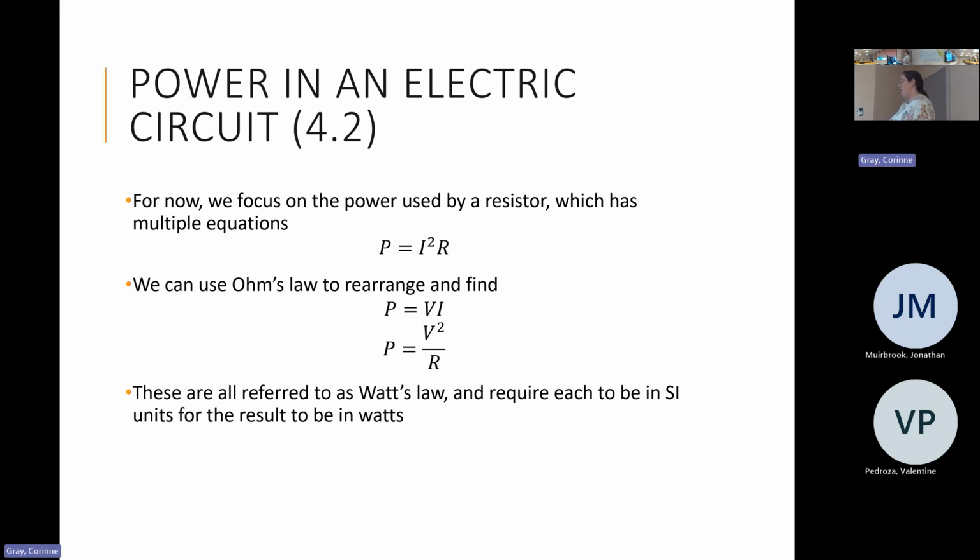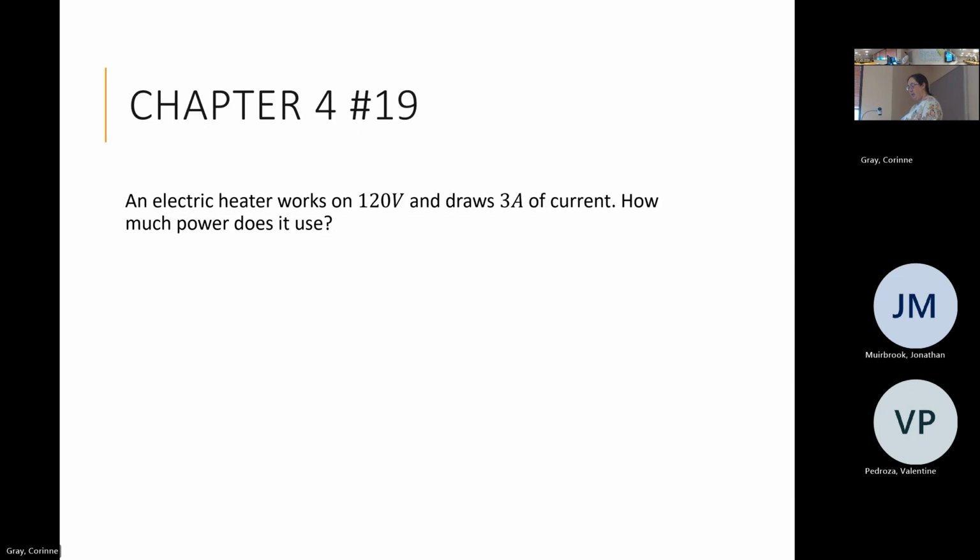Any questions about power before we do an example? I want you to briefly discuss with your neighbors which of Watt's laws is going to be the best for 19 here.